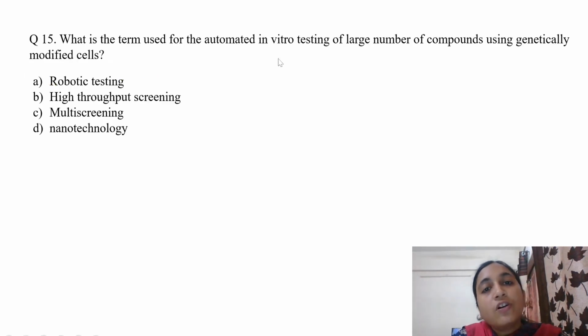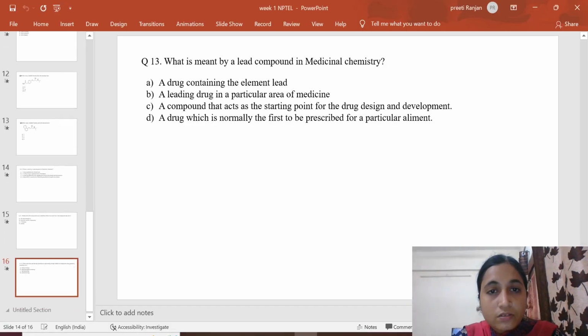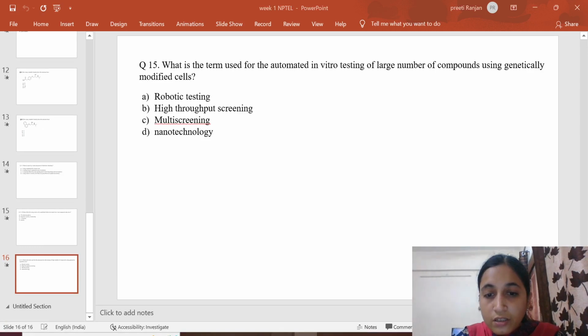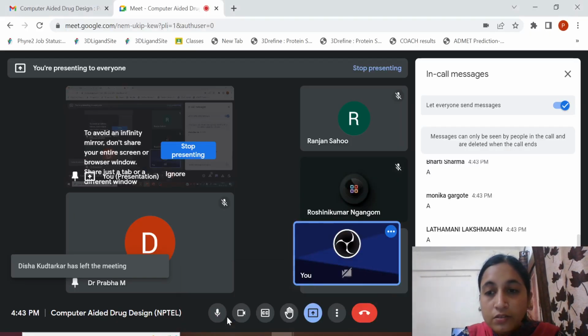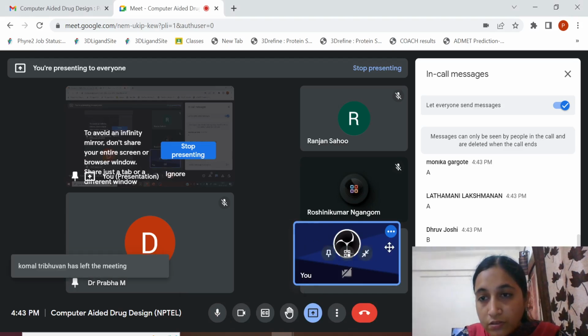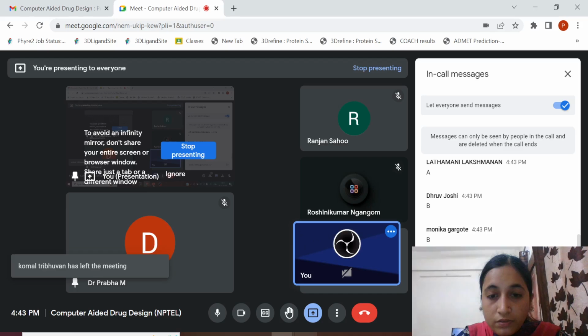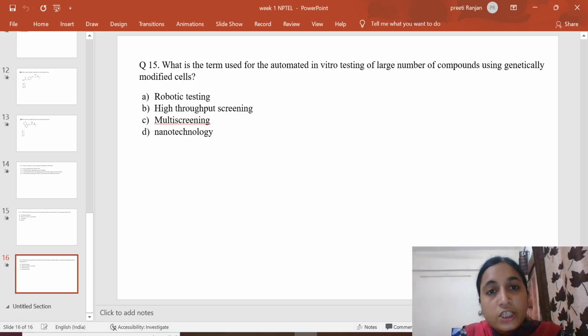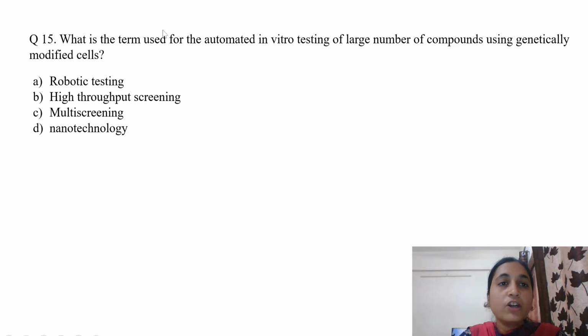What is the term used for the automated in vitro testing of a large number of compounds using genetically modified cells?